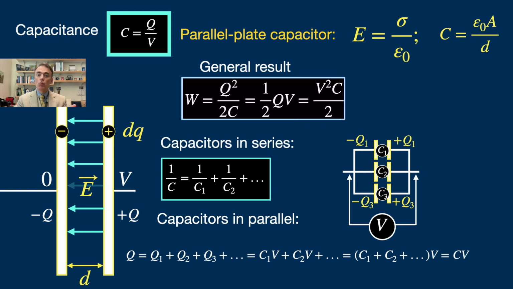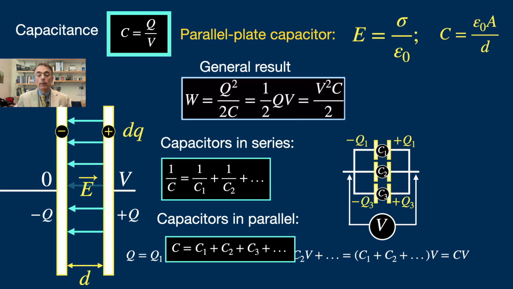There is more room for charges to pile up under this situation. The formula for capacitors in parallel then is C total equals C1 plus C2 plus C3 plus C4 and so on. This setup is useful when we need a large overall capacitance.